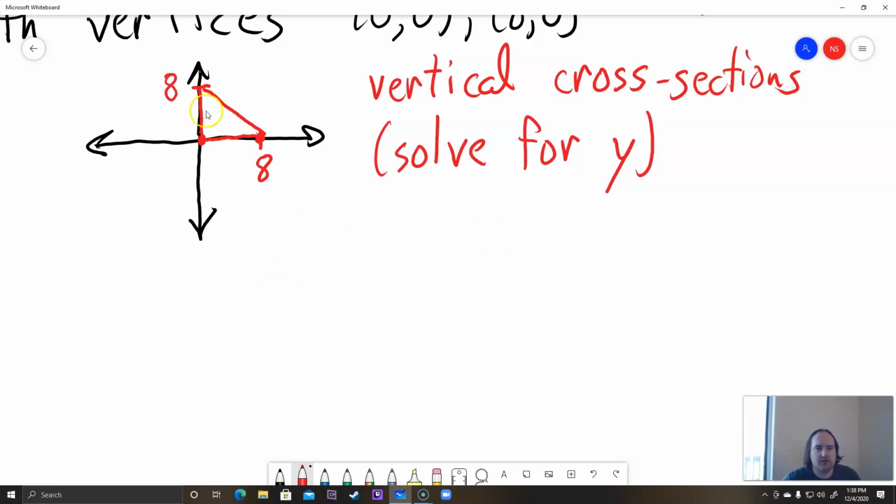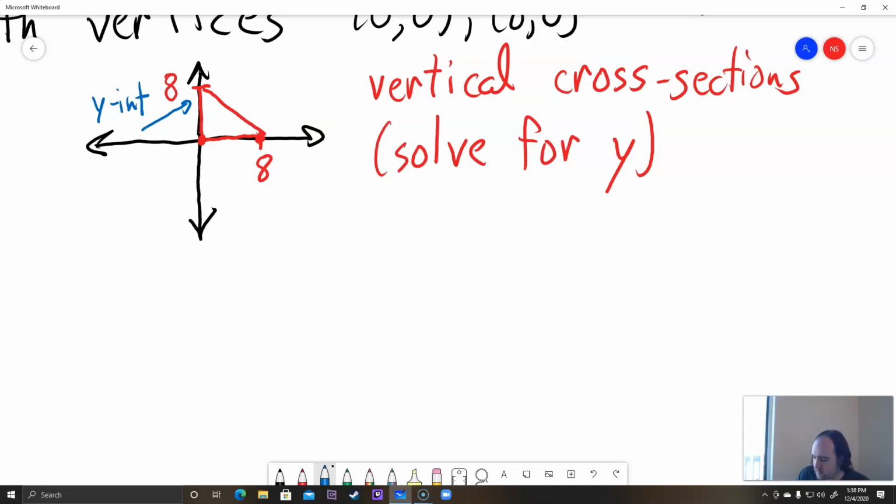So then the question is, what is this line right here? How do we figure out what that line is? Well, we can see that with this line, the y-intercept is actually 8. So since the y-intercept is 8, that's the same as b.